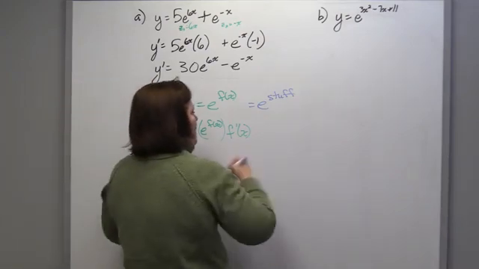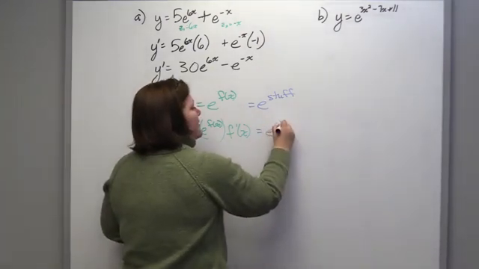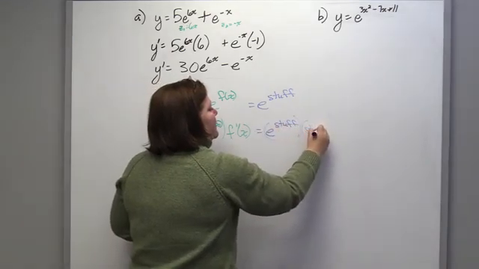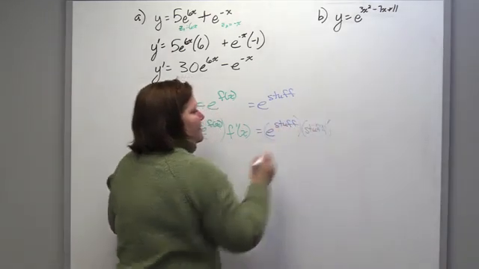So the derivative of e to the stuff is e to the stuff times the derivative of that stuff.